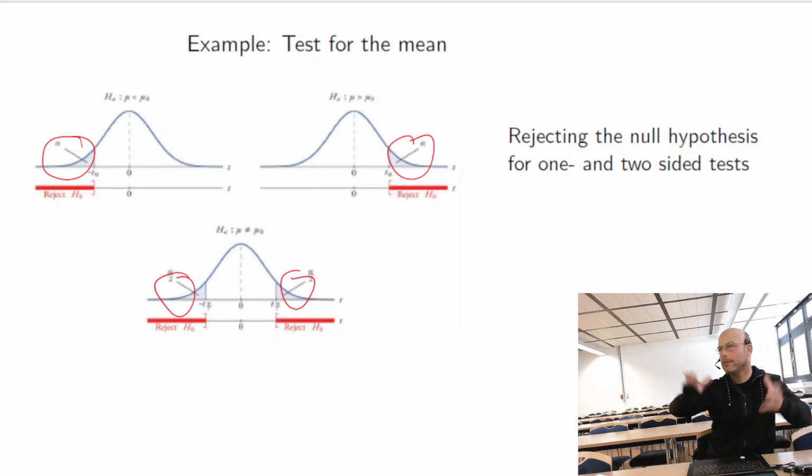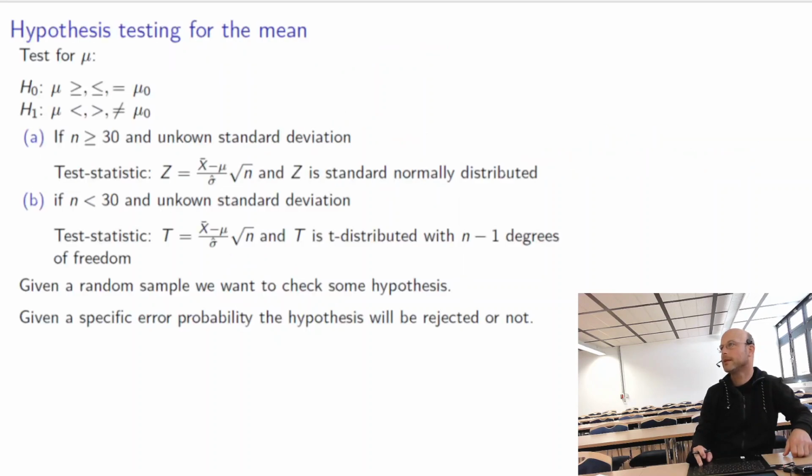This more or less comes from the calculation of our confidence intervals. So this was the theory, and then I think the best thing to do is calculating some specific examples, of course, after I have shown you how to calculate the test statistic.